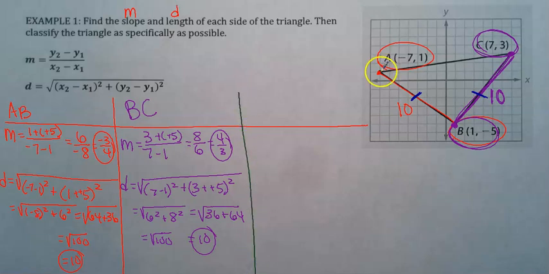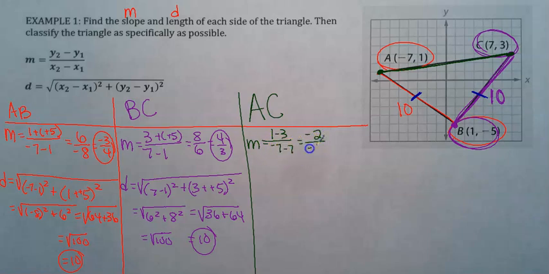Our last side is side AC. Okay, so the side length here. So first up, we need to find the slope of AC. Our rise is our y values, so 1 minus 3 over our x values, negative 7 minus 7. 1 minus 3 is negative 2.